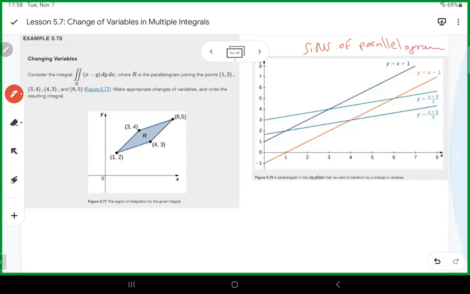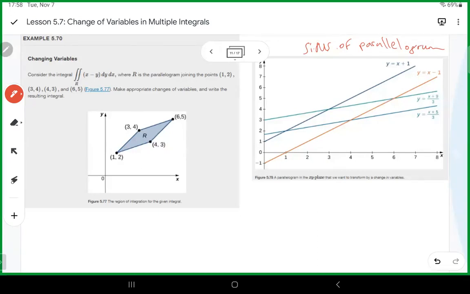So clearly the parallelogram is bounded by those 4 lines. You can write them a little bit differently, but that's basically the answer there.